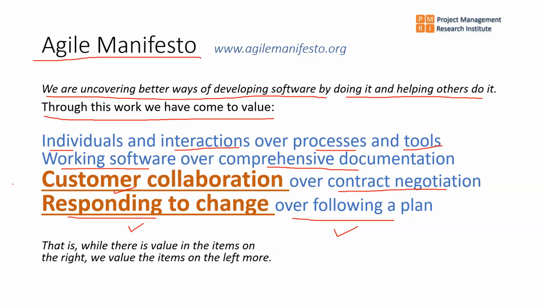Agile just says that we don't believe in unnecessary documentation. At the same time, we believe in all the valuable documentation. We believe in contracts, but at the same time, we believe more in customer collaboration and responding to change. So we should understand it holistically. Otherwise, many in the industry believe that Agile is very ad hoc.